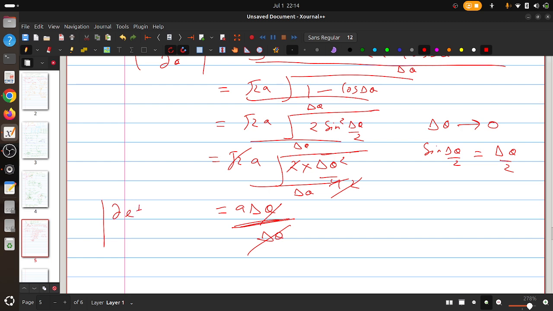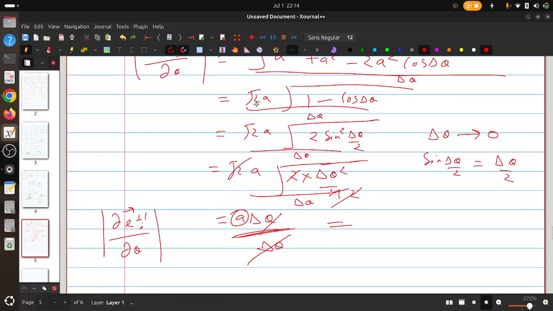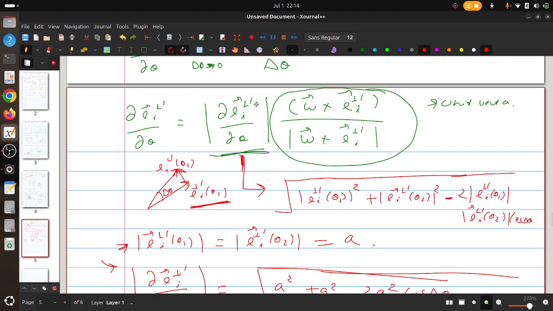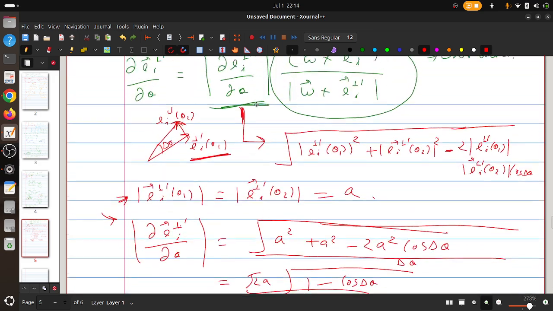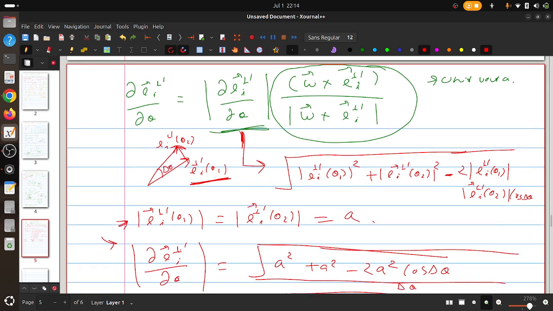So we get the modulus of dE_I by d theta is simply A. So what is A? A is simply the modulus of this quantity. So you see that this perpendicular prime component, the differentiation just comes out to be the modulus of this quantity. That is a very simplified result.